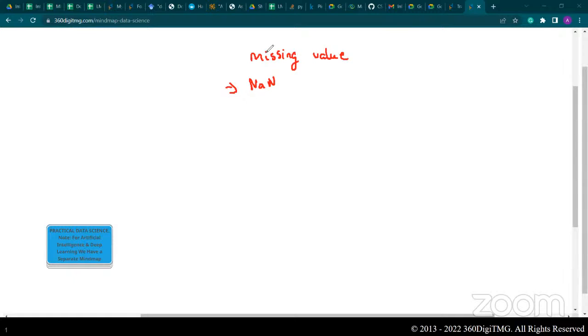Let's see what we do with missing values. We do something called imputation. Imputation is replacing the missing value with an appropriate value, or we can simply remove them. Sometimes we just simply remove the missing values.